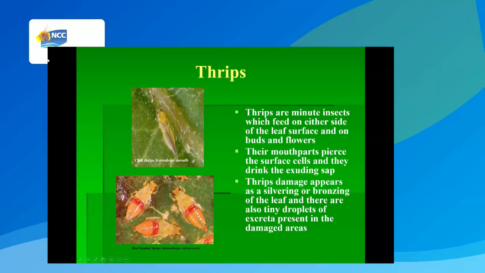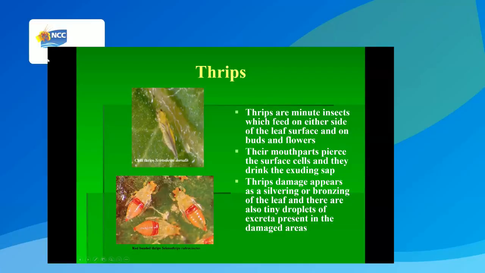I've seen avocados, for example, with a very thick brown leathery skin. And the damage was caused by this beastie in the bottom photo, the red-banded thrips, Selenothrips rubrocinctus.